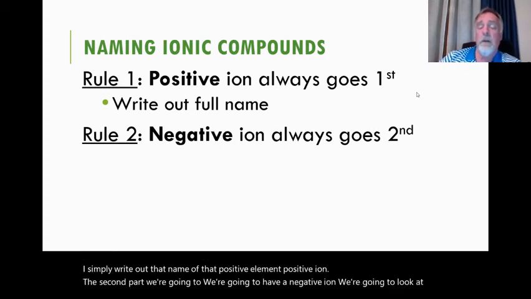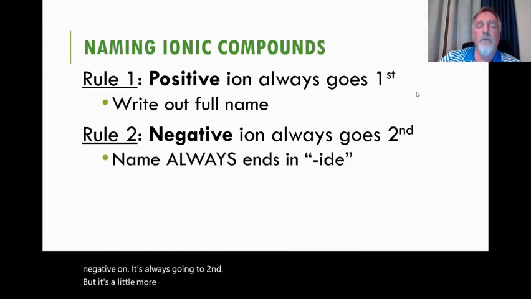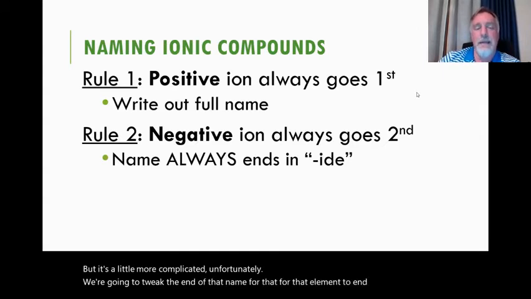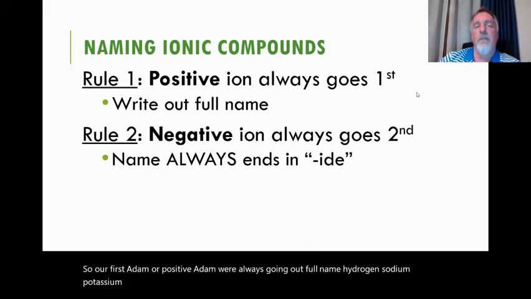It always goes second, but it's a little more complicated, unfortunately. We're going to tweak the end of that element's name to end in IDE. Our positive atom, we're always going to write out its full name: hydrogen, sodium, potassium, magnesium.